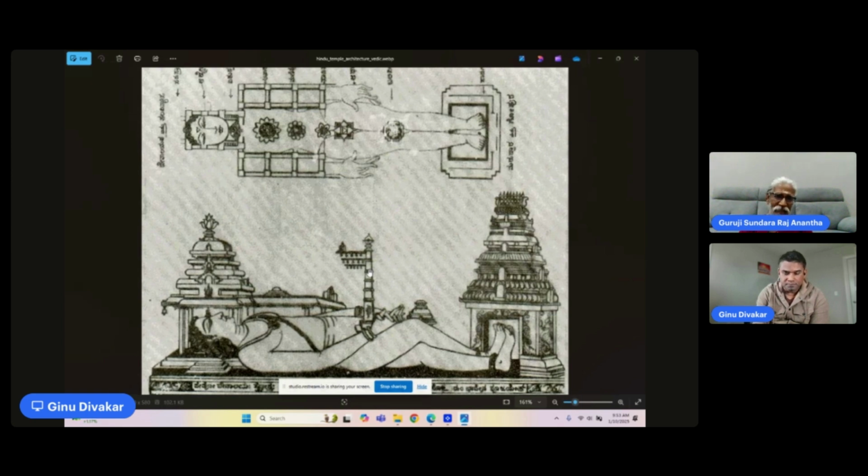Both of them are there, right? And when we enter the temple, we leave our physicality outside, and normally we first venerate at the Dwajastambha, Kodimaram. Normally, man or woman will lay prostrate and then offer their prayers there and stand by the Dwajastambha.